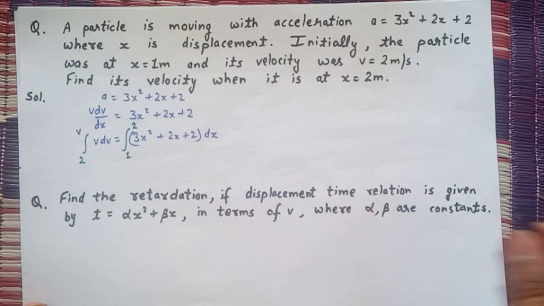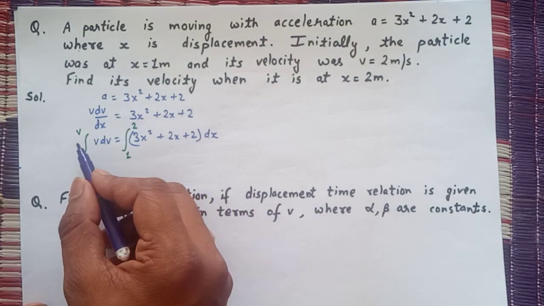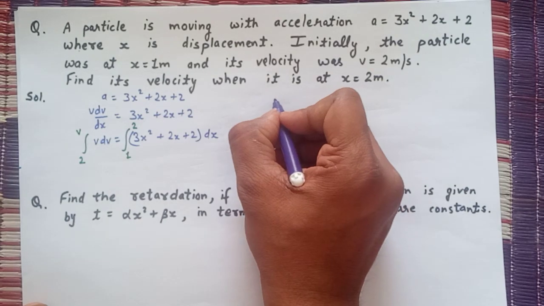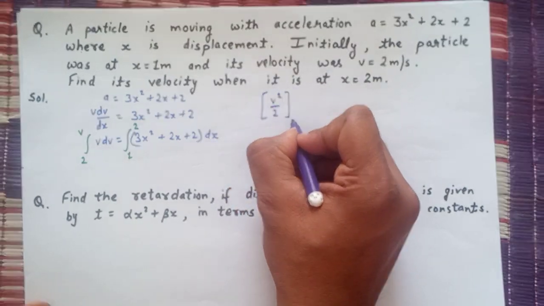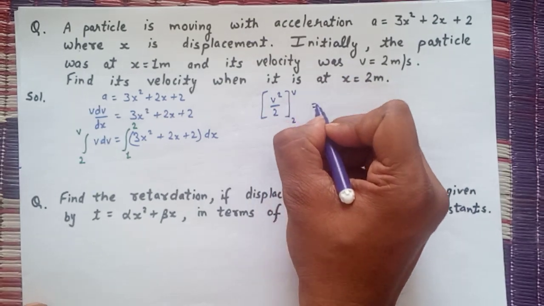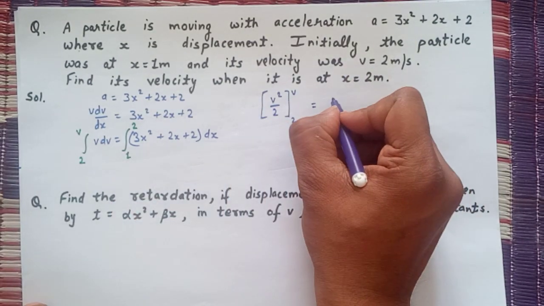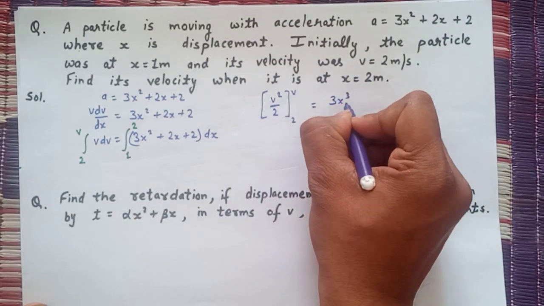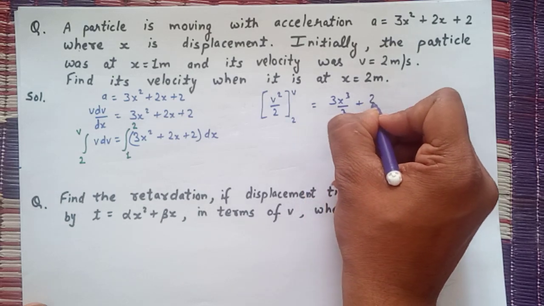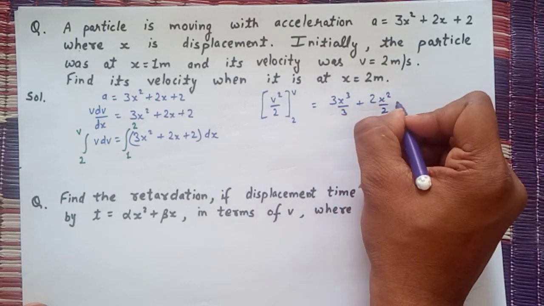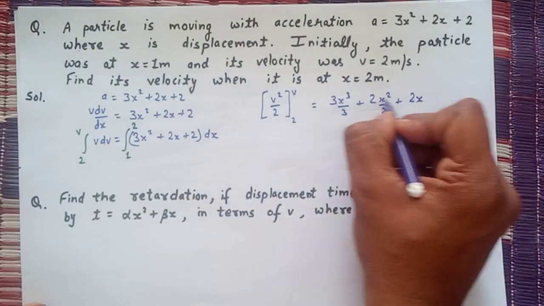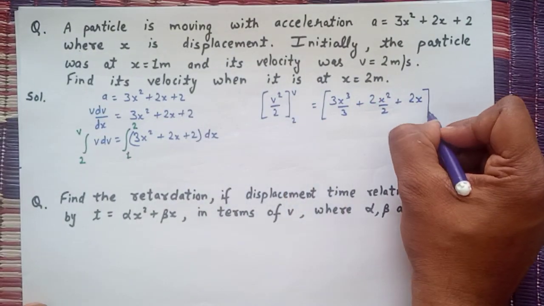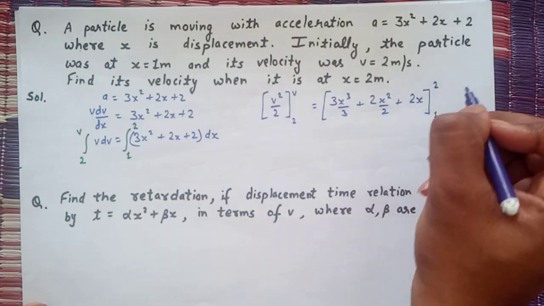So integrating v with the limits 2 to v, it will be v²/2, putting the limits 2 to v, equals its integration, which will be 3x³/3 + 2x²/2 + 2x, putting the limits 1 to 2.